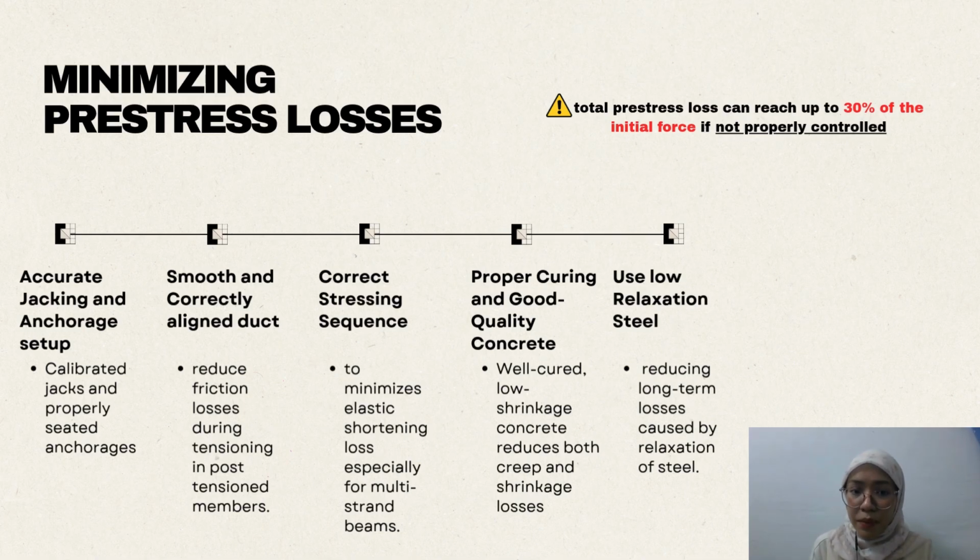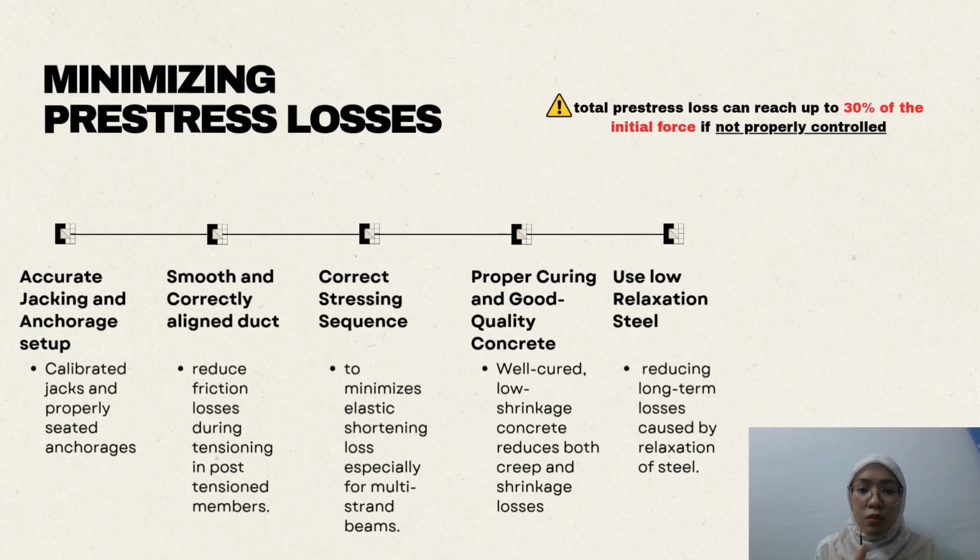There are several practical methods that we can use to reduce pre-stress losses. The first one is to ensure that we use accurate jacking and anchorage. Hydraulic jacks should be correctly calibrated and anchorages must be well positioned to avoid slip and ensure the correct pre-stress force is transferred.